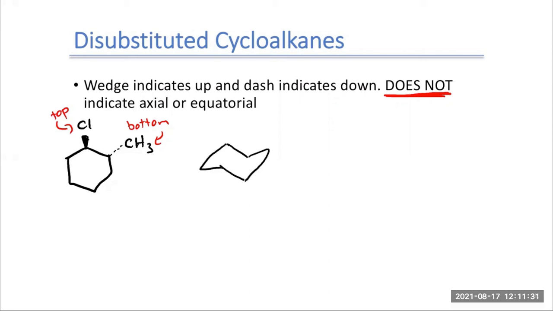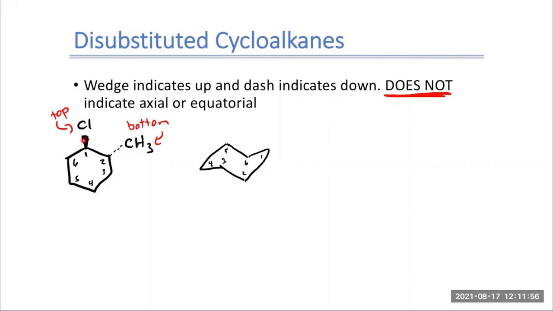First, you want to draw your chair. After you draw your chair, you want to start figuring out the position. So we can call this 1, 2, 3, 4, 5, 6, numbering all of my carbons here.